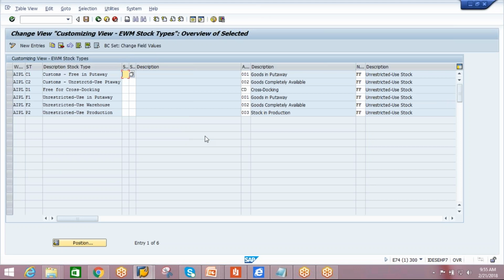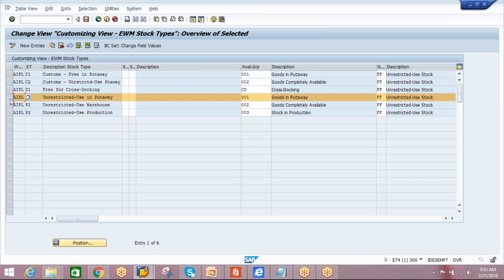Now availability groups 01, 02. Here this one, 01, 02. Just concentrate on these two lines. If we see here, non-location dependent stock type FF is differentiated into F1, F2 according to availability groups.